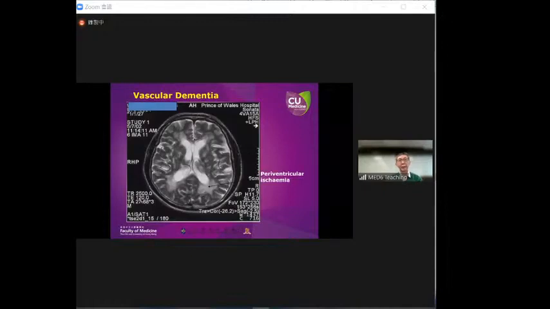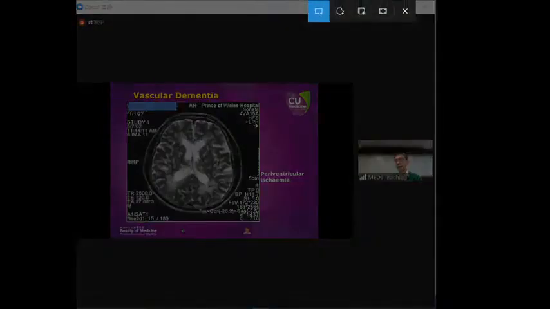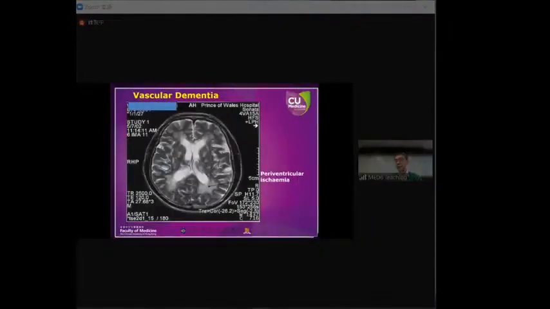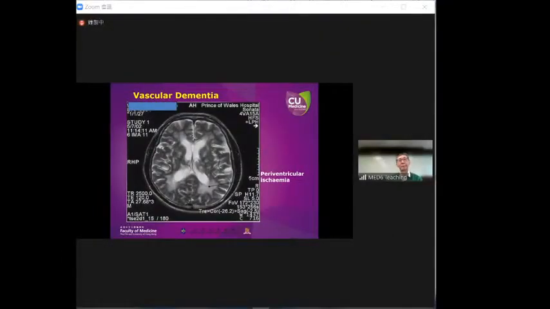Alzheimer's disease accounts for about 60% of dementia in old age and contributes to about another 20%. But another major cause of dementia in old age is cerebrovascular disease, vascular dementia.